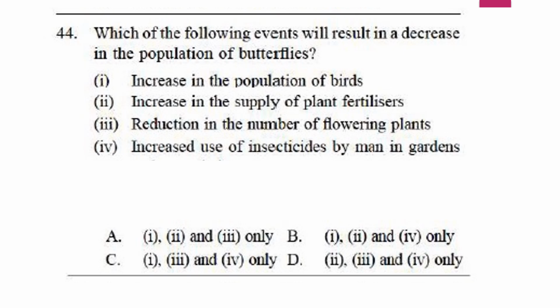Increased use of insecticides by man in gardens. Here, first is correct, increase in the population of birds. Second is correct, increase in the supply of plant fertilizers. And fourth is correct, increased use of insecticides by man in the gardens. So our answer is option B.